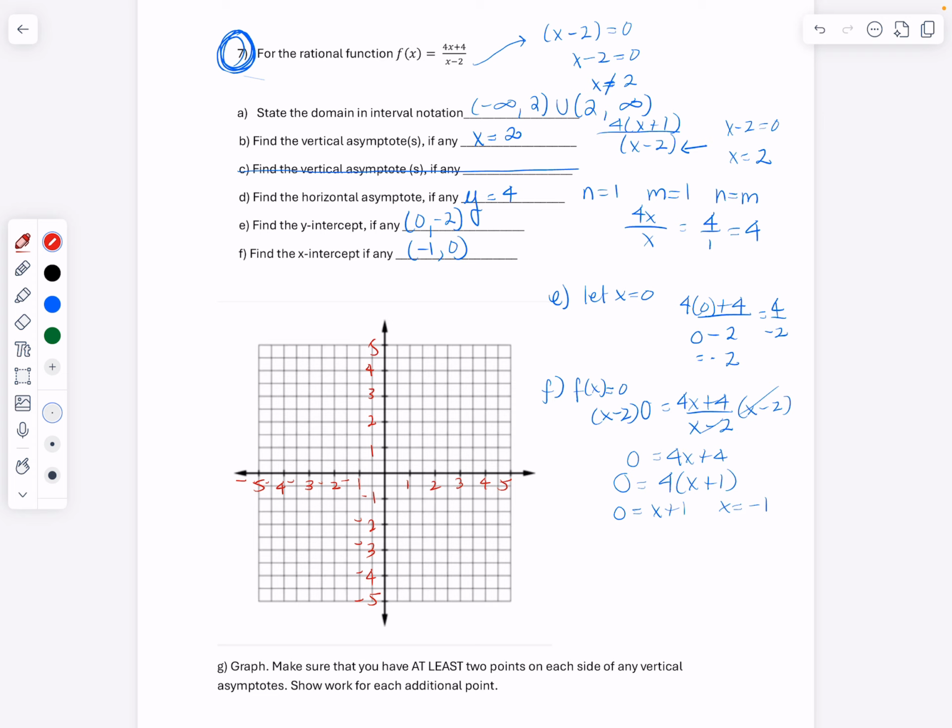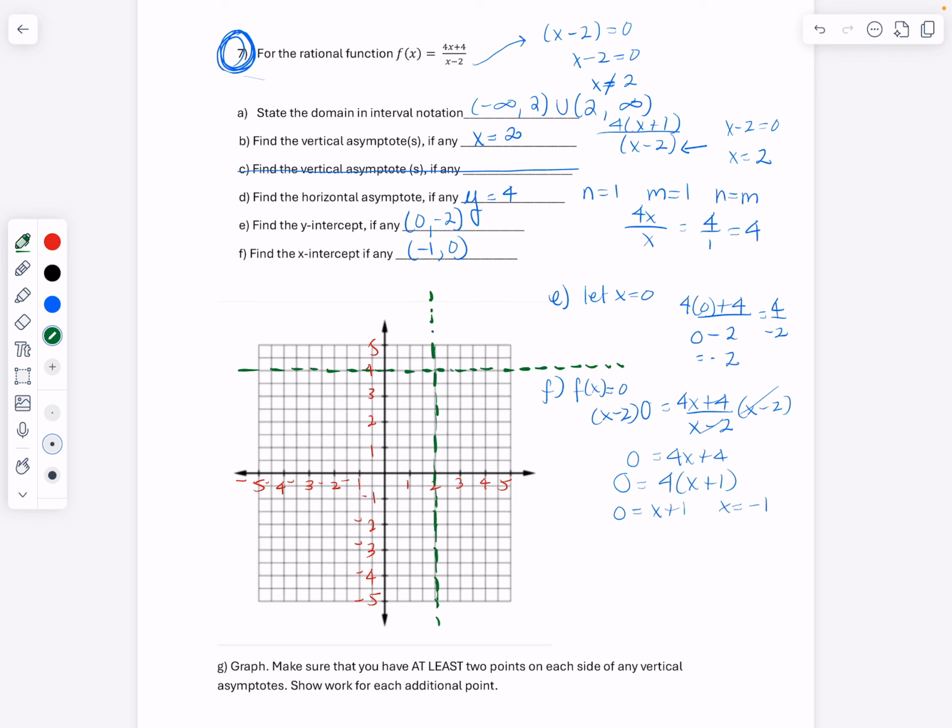Okay, so let's put in the vertical asymptote. x equals 2, that's right here. I'm going to make the pen a tiny bit thicker here. And then y equals 4 is the horizontal asymptote, so that's clear up here.